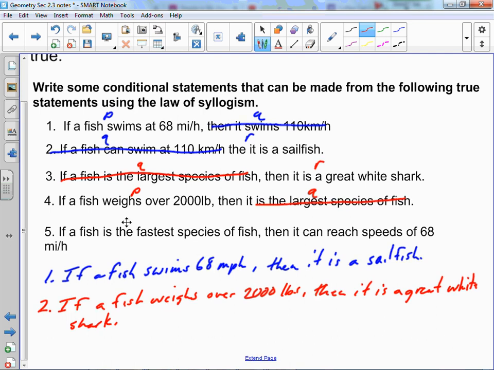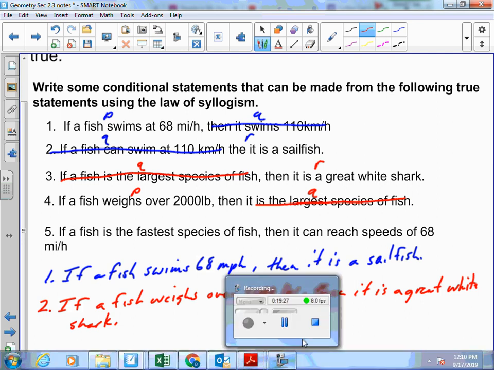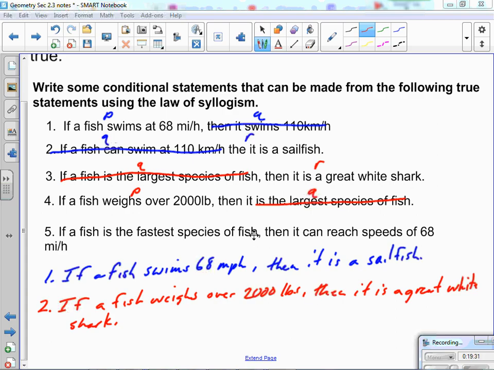And then we got statement 5. If a fish is the fastest species of fish, then it can reach speeds of 68 miles per hour. So we can take: if a fish swims 68 miles per hour, then it is a sailfish.